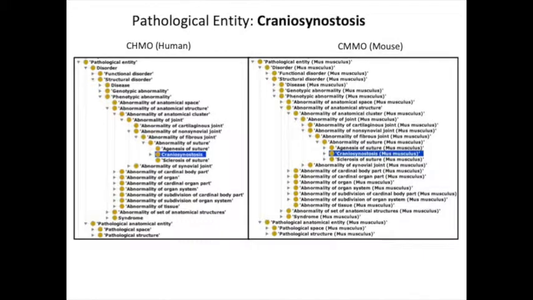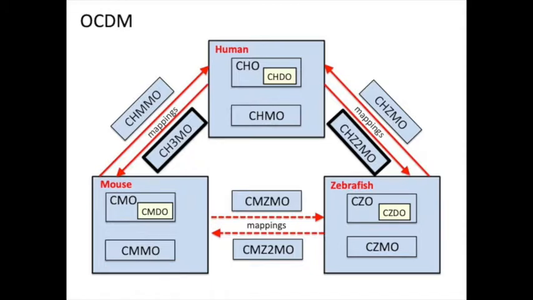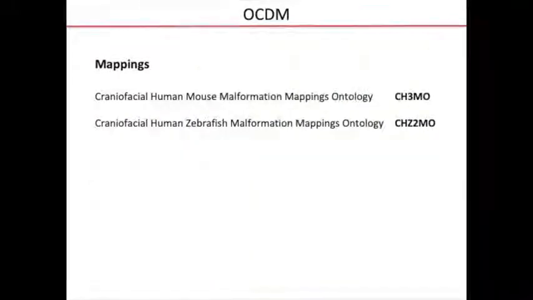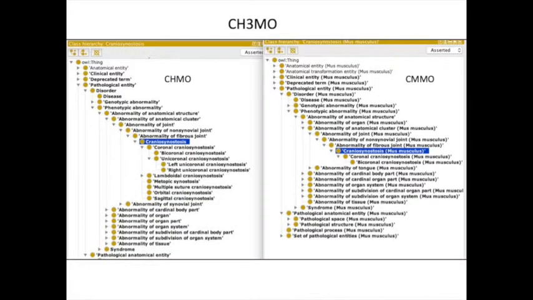And then we talk about mappings between these malformations. We have the human-mouse malformation mappings ontology and the human-zebrafish malformation mappings ontology. And here is craniosynostosis in the human and craniosynostosis in the mouse on the right.